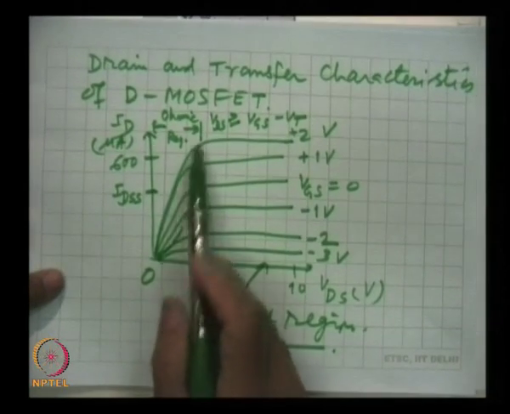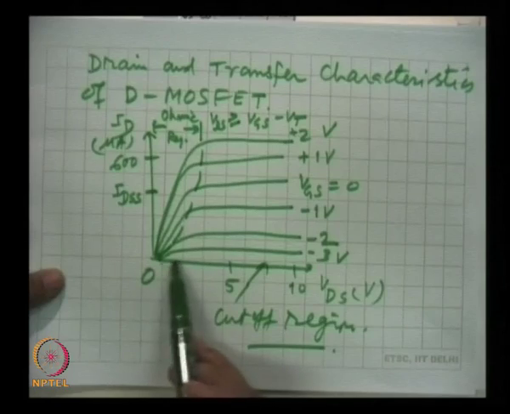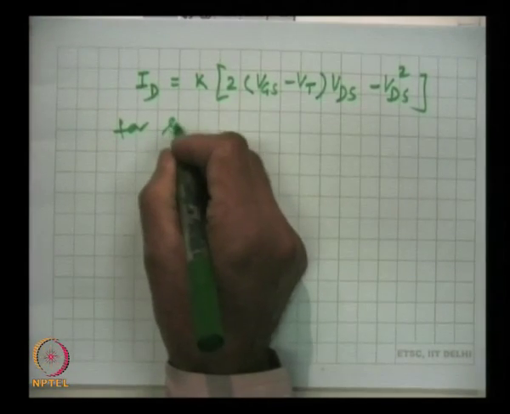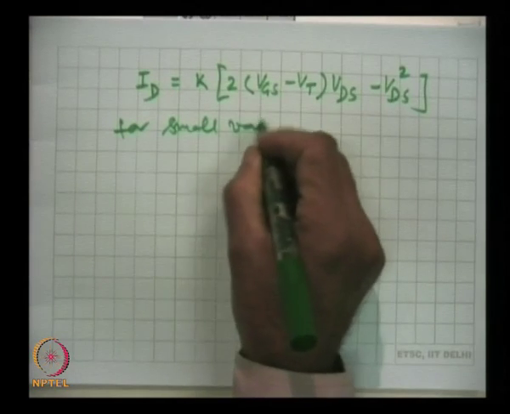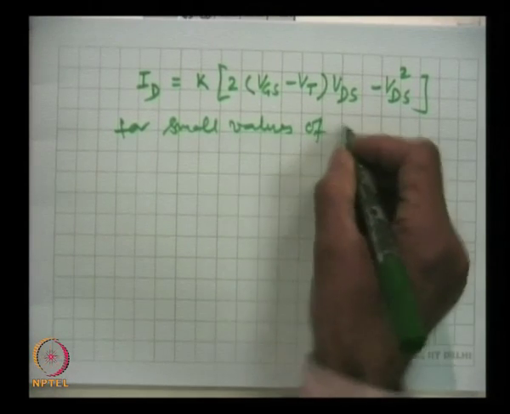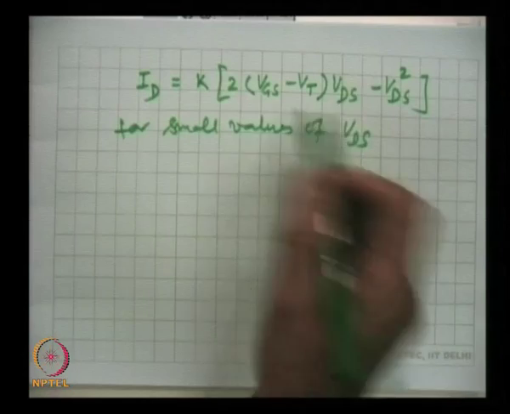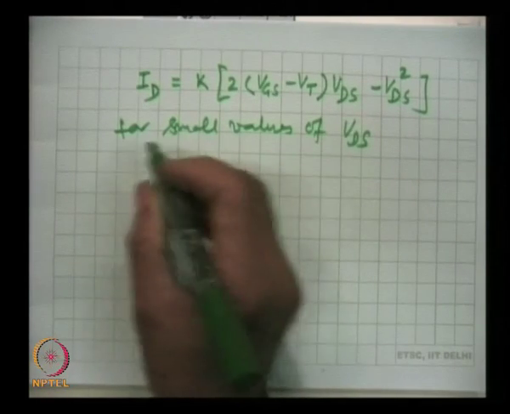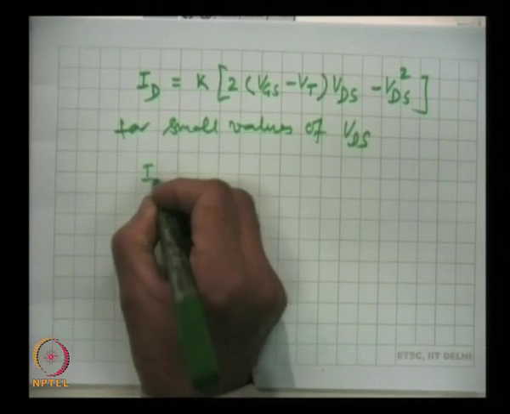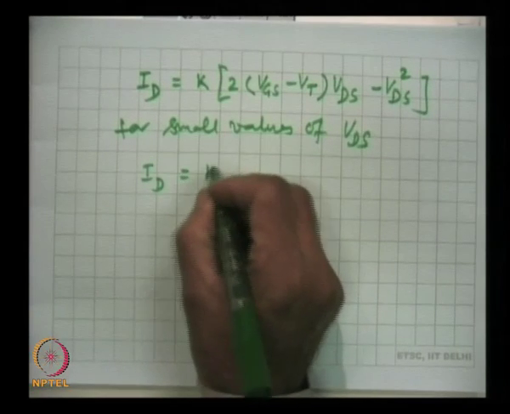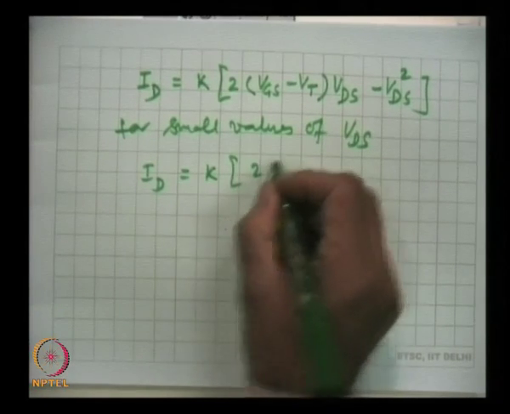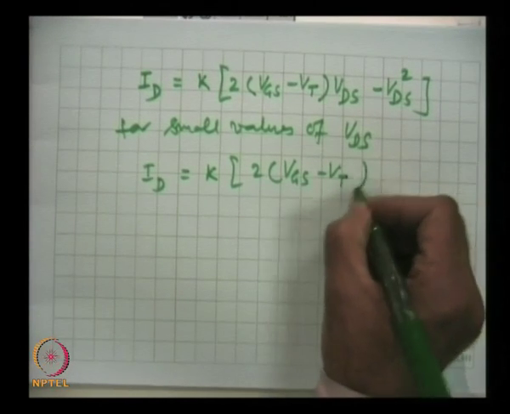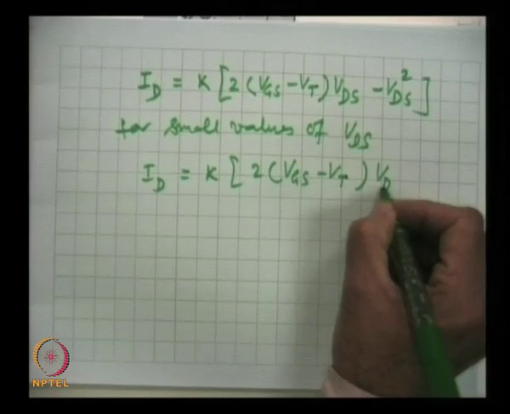for this ohmic region VDS is very small. So, for small values of VDS, the square term can be neglected, and ID can be written as K 2 VGS minus VT into VDS.